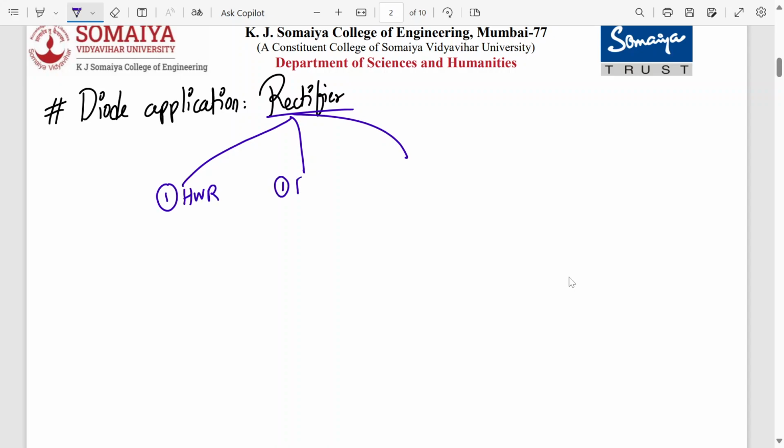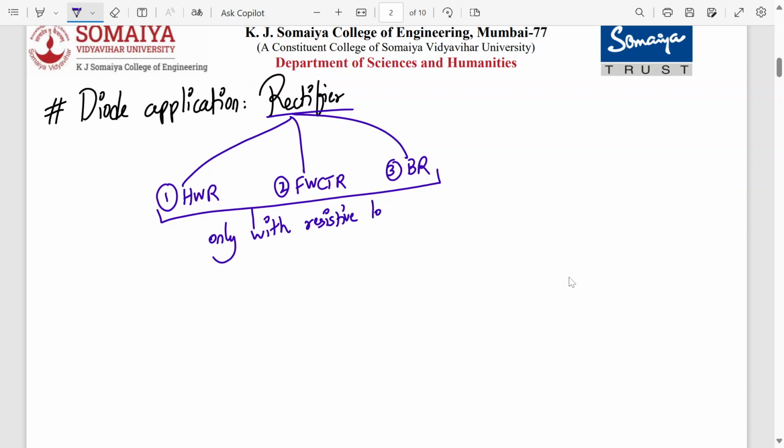Then we have full wave center tap rectifier. Then the third one is the bridge rectifier, correct? And all of them have to be studied only with resistive load. That is very important. Okay, so you can write along everything from now on.